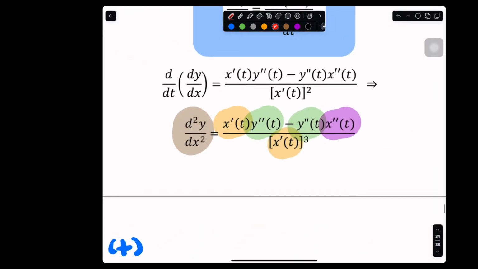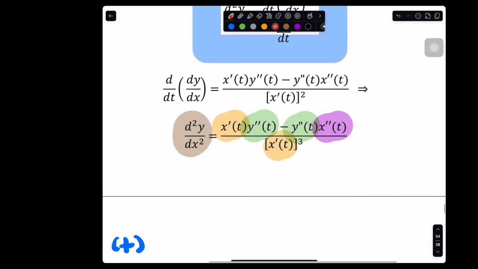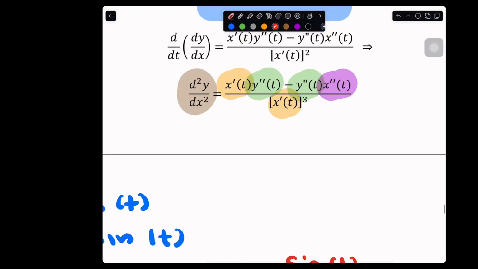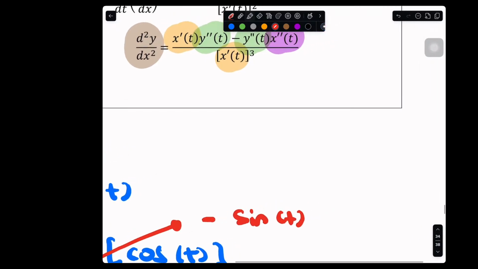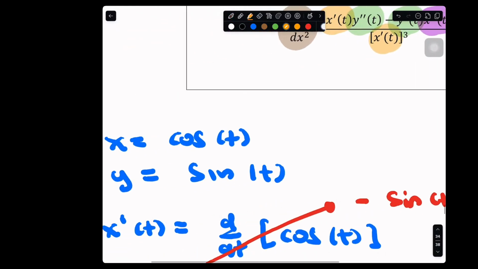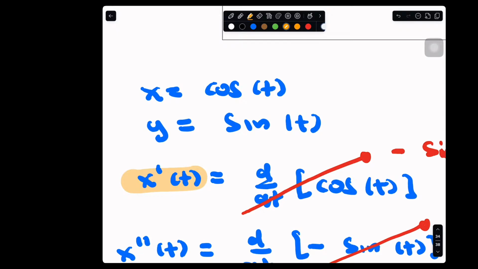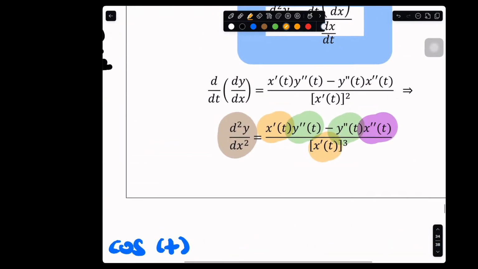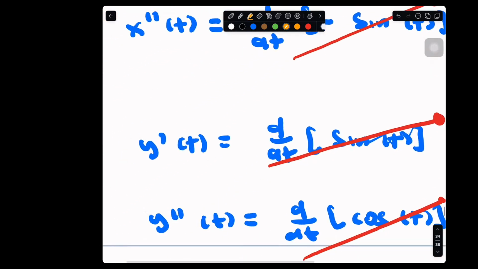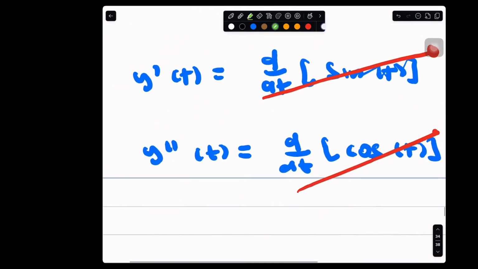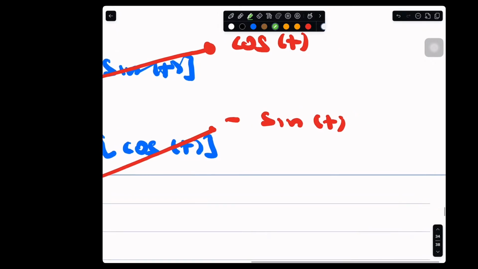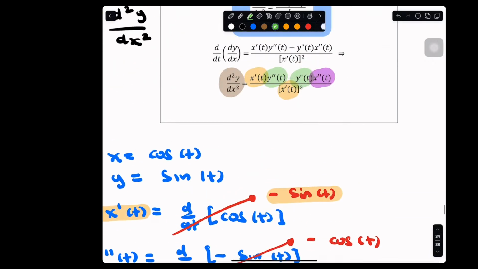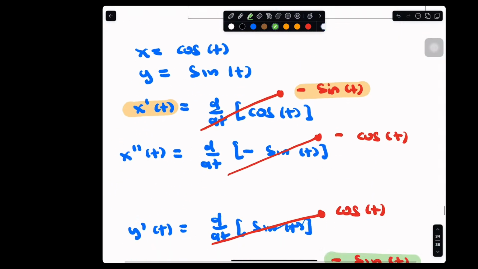So let's go with our colors now. Let's double check, because we're going to use this formula. So x prime is orange. Y double prime is green. And we need an x double prime, which is purple.